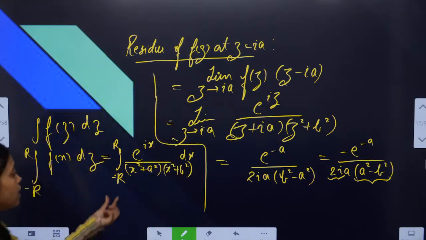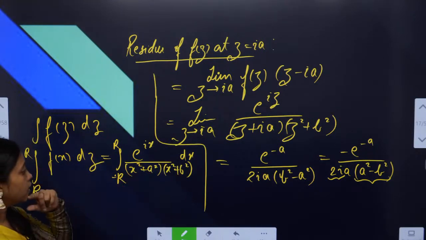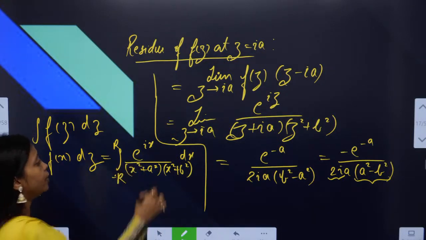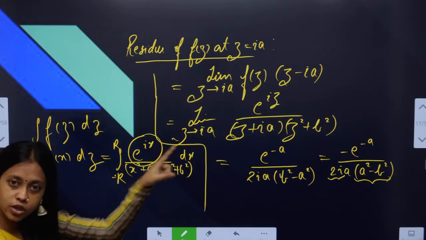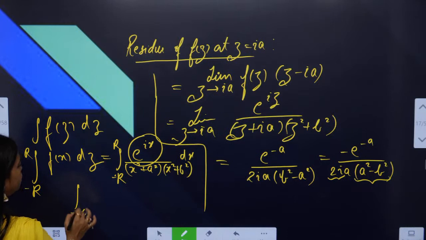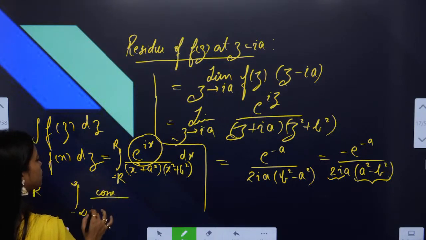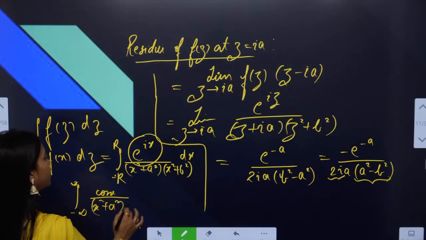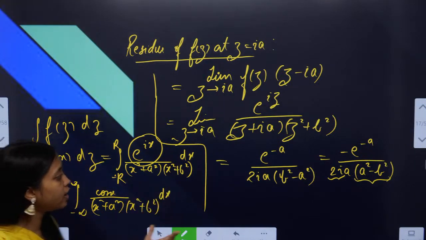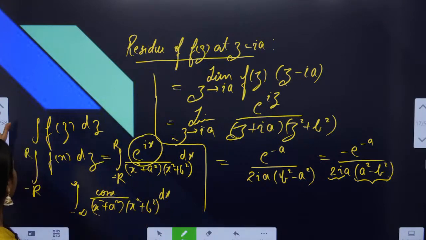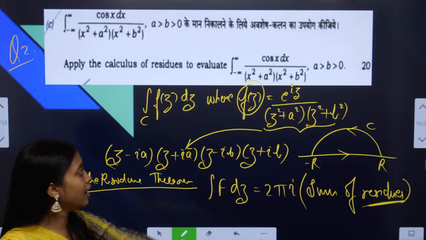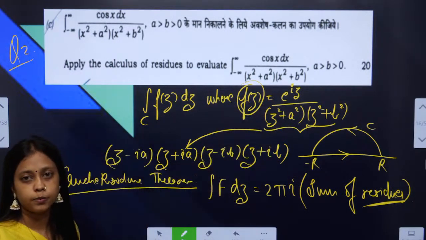Then you take the limit r tends to infinity and open this formula, cos x plus iota sin x. For the real part, from minus infinity to infinity, the real part is cos x upon (x square plus a square)(x square plus b square) dx. This is what is required, and from the answer that you are getting, take the real part and that will be your answer.